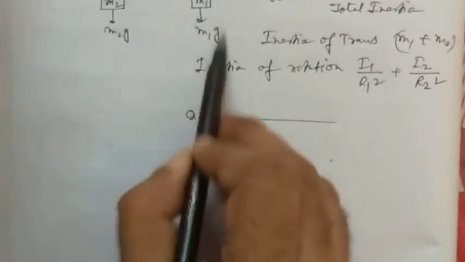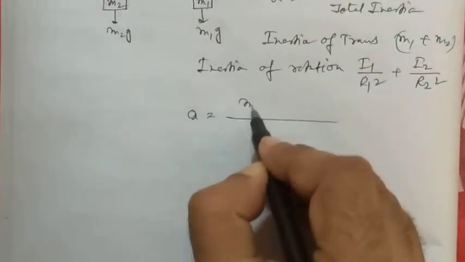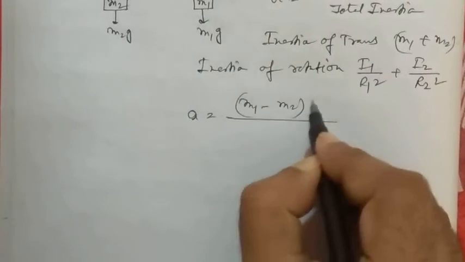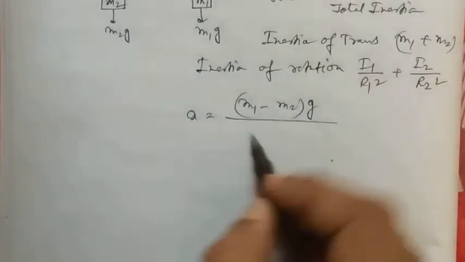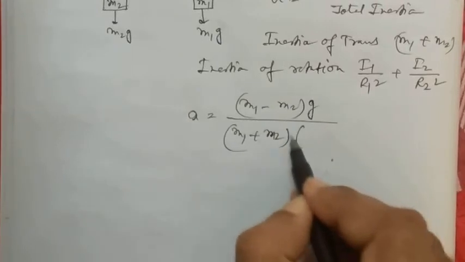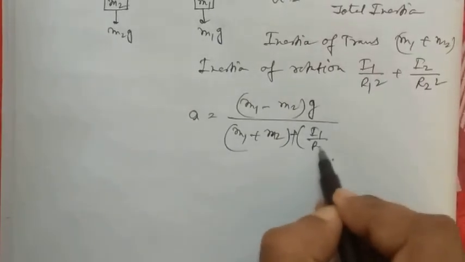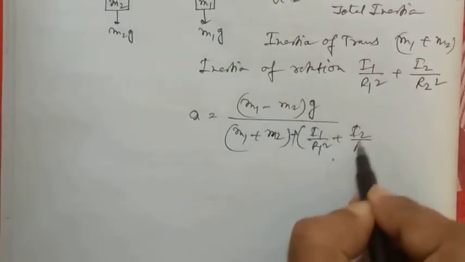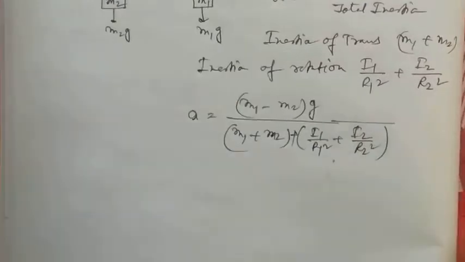The unbalanced force is m1g, which is larger than m2g, so we can write (m1 minus m2) into g as the unbalanced force, and the denominator is the inertia of translation as well as the inertia of rotation, I1 by R1 square plus I2 by R2 square.